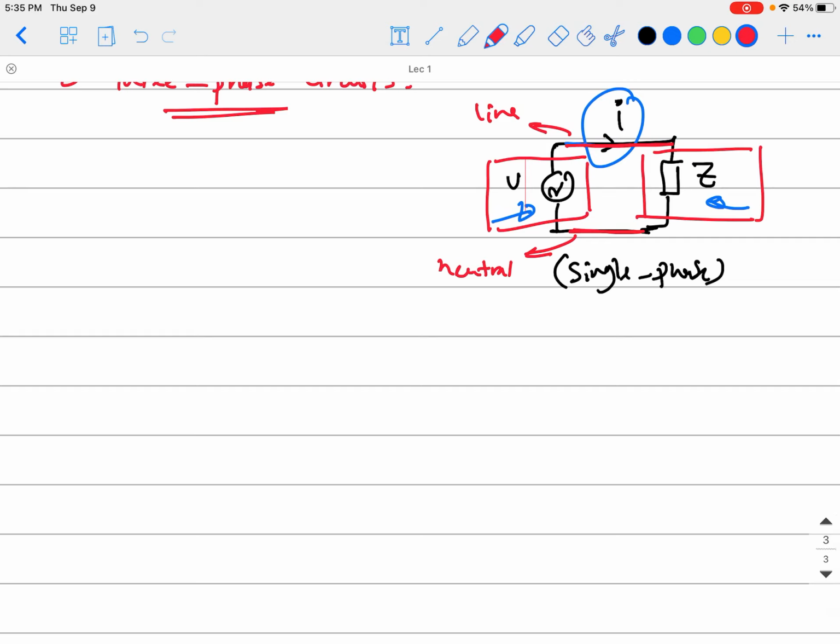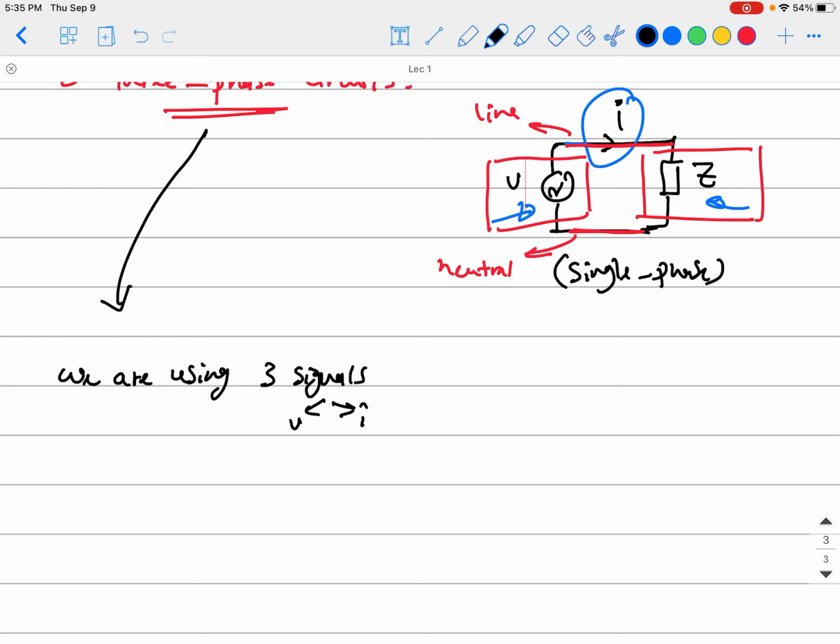Okay, so how do we actually use this with three-phase? We are using 3 signals. A signal can be voltage, can be current.